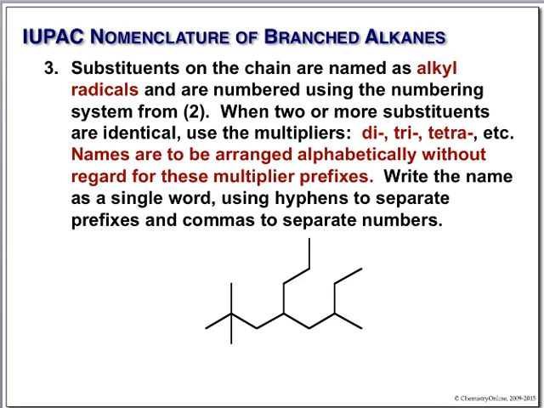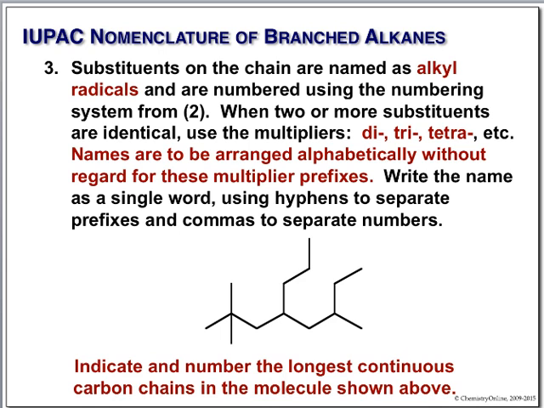We have two possibilities, don't we? We want the one with the greatest number of substituents then. If we did this one, we would have 2 substituents. If we do this one, we will have the greatest number of substituents. So let's let this be our parent. 8 carbons, it's an octane, isn't it?